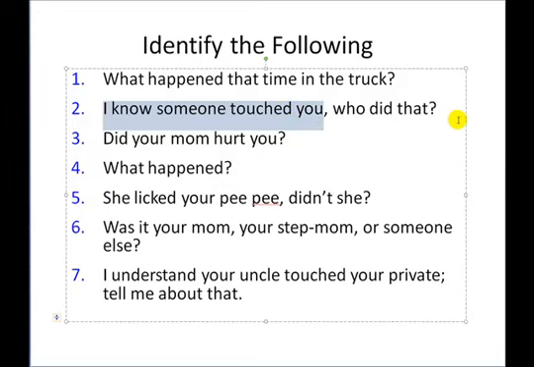Misleading questions are statements where we try to get the child to agree with us. I know someone touched you is a statement. Who did that is the tag that seeks agreement. Obviously a bad question, a misleading question, a question that's based upon an assumption that you have no basis for.